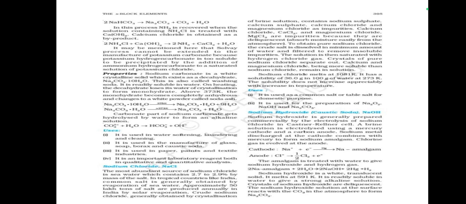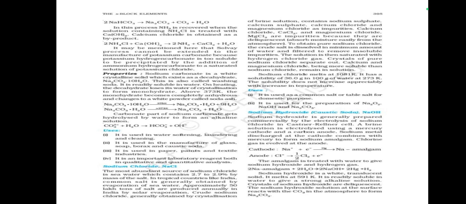In this process NH3 is recovered when the solution containing NH4Cl is treated with Ca(OH)2. Calcium chloride is obtained as a byproduct: 2NH4Cl + Ca(OH)2 gives 2NH3 + CaCl2 + 2H2O.